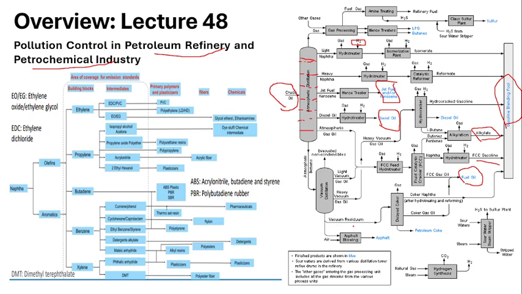One subunit is taken to the coker unit, and here petroleum coke is formed. This is another finished product here. Now the next one is asphalt blowing. Asphalt is formed from the bottom product of the vacuum distillation.